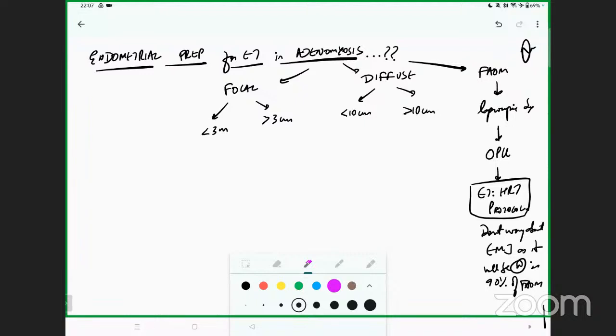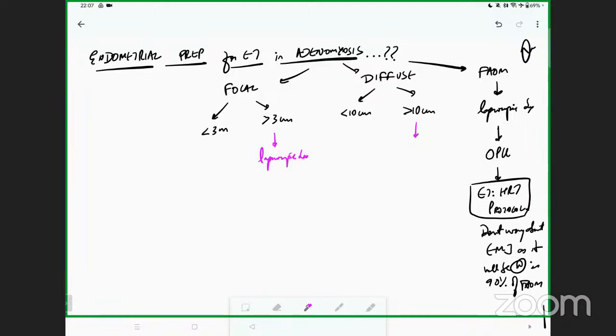Now, when you have focal adenomyosis more than 3 centimeters or diffuse more than 10 centimeters, in these two cases, the answer is you are supposed to start with laparoscopic surgery. And of course, you have again two criteria prior to doing this.